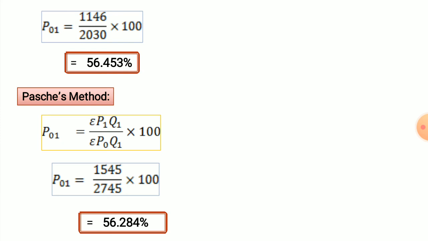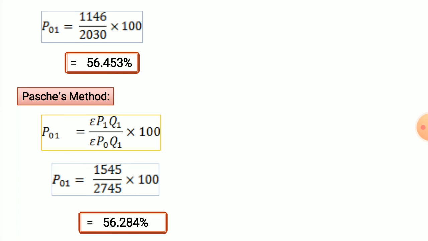So P01, price index for current year, according to Fisher's ideal index method, P01 is equal to root of sigma P1 Q0 divided by sigma P0 Q0 into sigma P1 Q1 divided by sigma P0 Q1, into 100. So this is the formula we use to calculate index numbers according to Fisher's ideal index method.